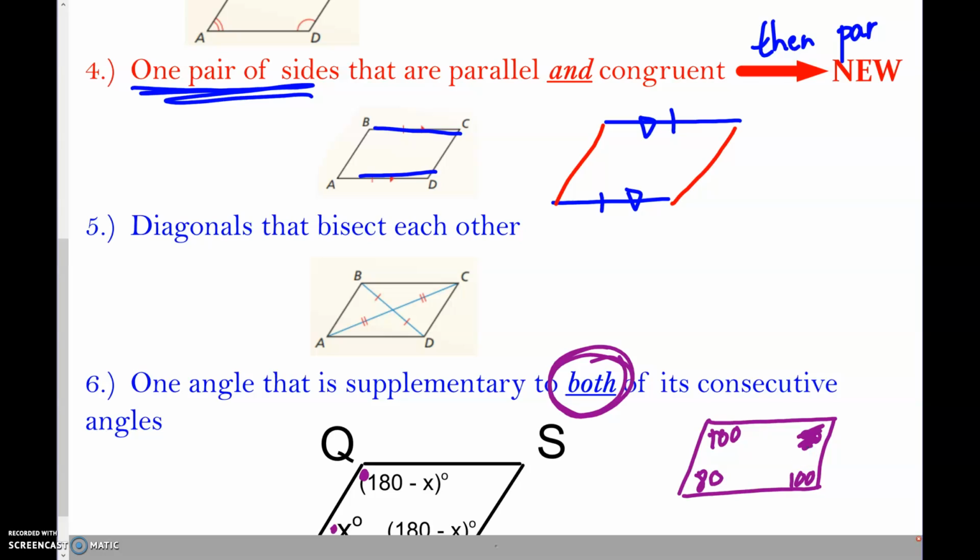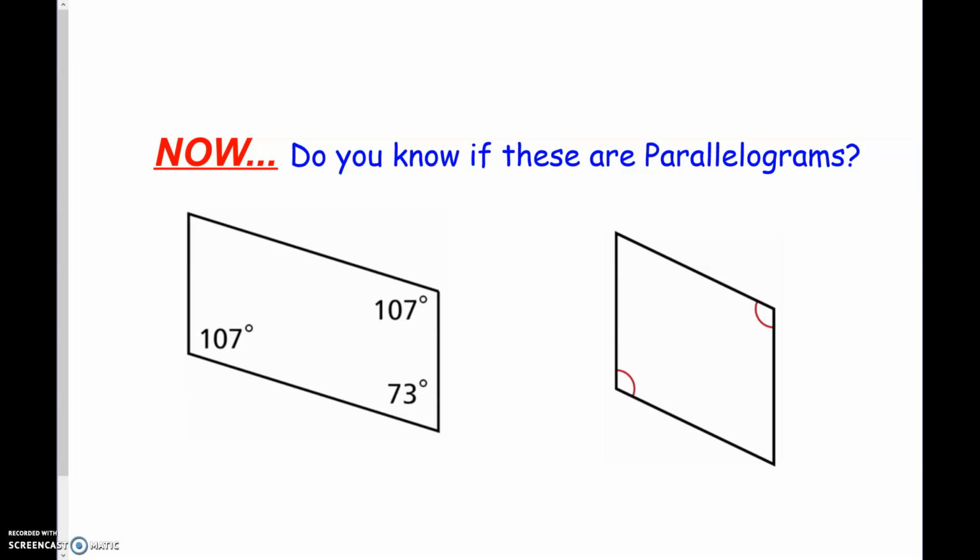But just knowing one pair, the only thing that this proves right here is that this is parallel to this. That's the only thing that's proven so far. Okay, so you need to have it to both. All right, let's try a few examples here.